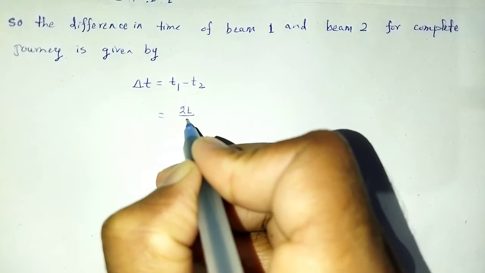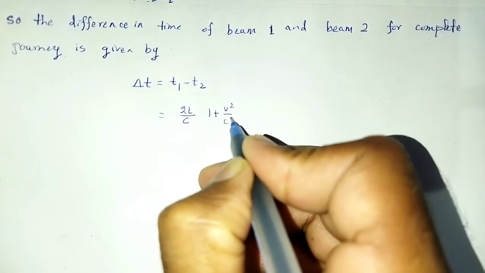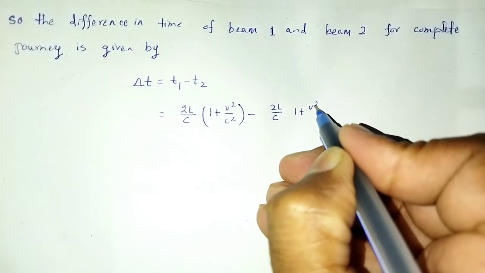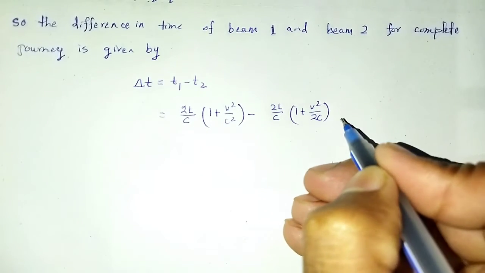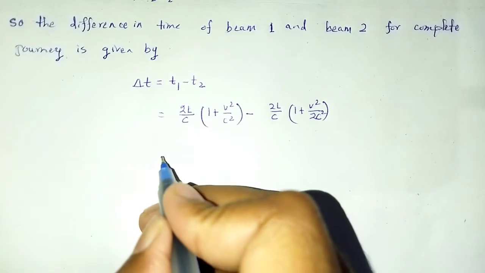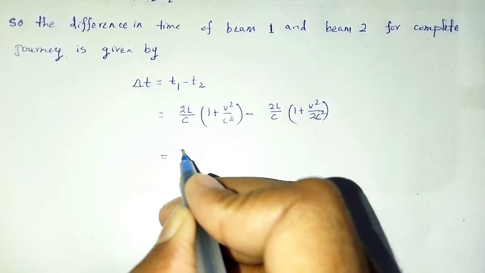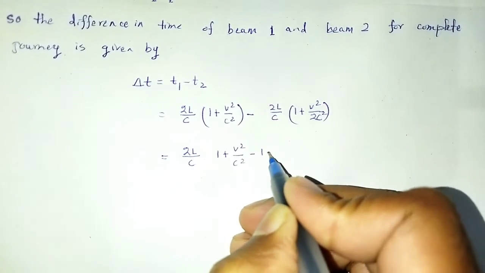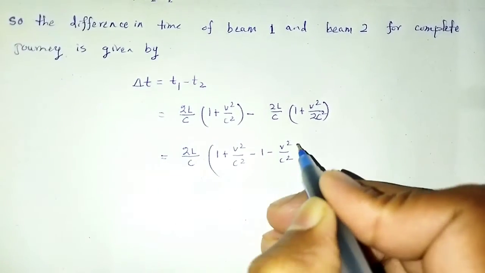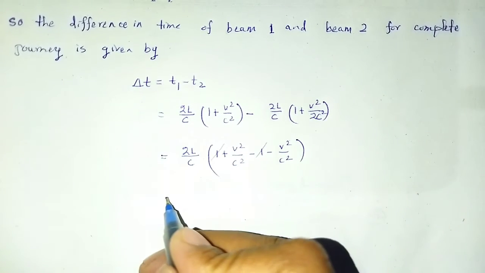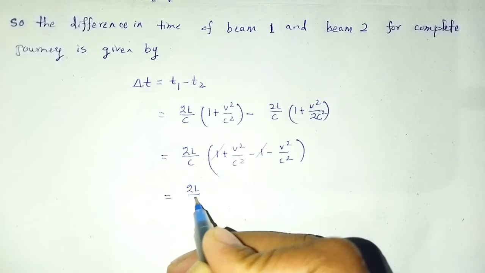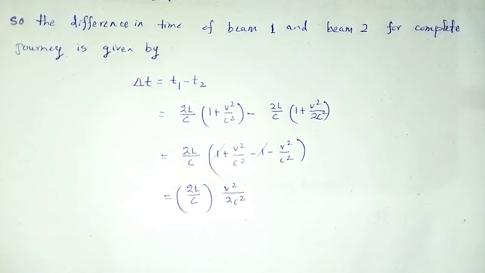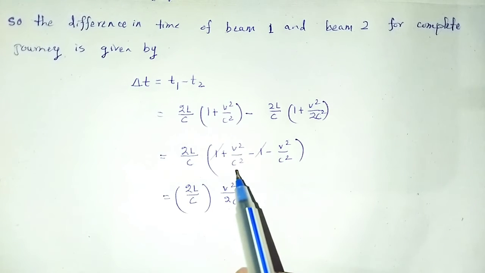T1 is 2L divided by c, 1 plus v square by c square, minus 2L divided by c, 1 plus v square divided by 2c square, is equal to 2L divided by c taking common, 1 plus v square by c square minus 1 minus v square by 2c square. 1 cancels out, that is 2L by c, v square by c square.